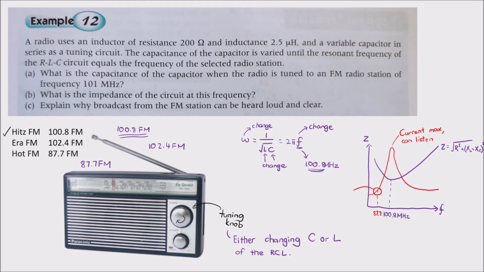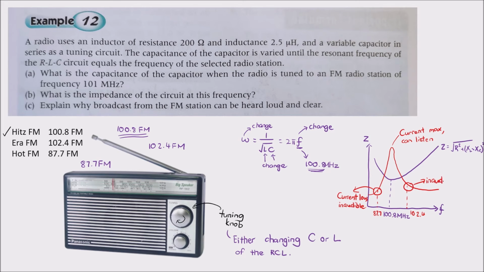Then the amount of current generated under this frequency is very low. If the current is low, basically you can't hear it, so you can call it inaudible. Other frequencies as well, let's say 102.4, this one is also inaudible.